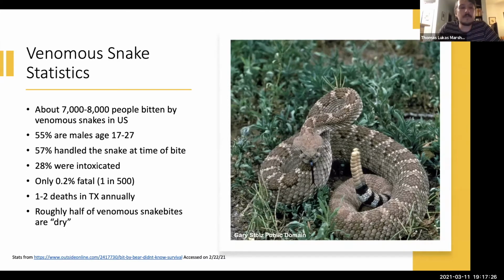I hope that some of these statistics show that taking some precautions, giving snakes space, and not picking them up, especially if they're venomous, but even if you're not sure whether the snake is venomous, you should assume that it is. If you take some basic precautions, you can eliminate most of your risk of being bitten by a snake.